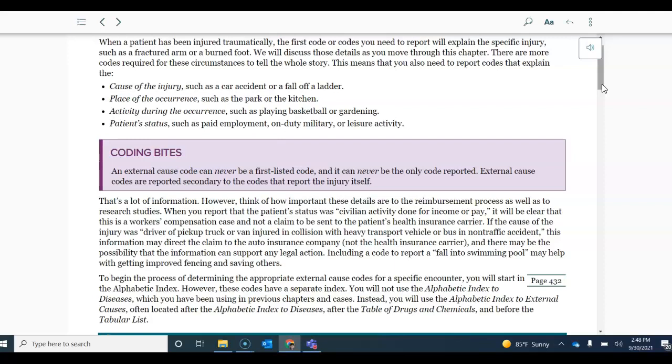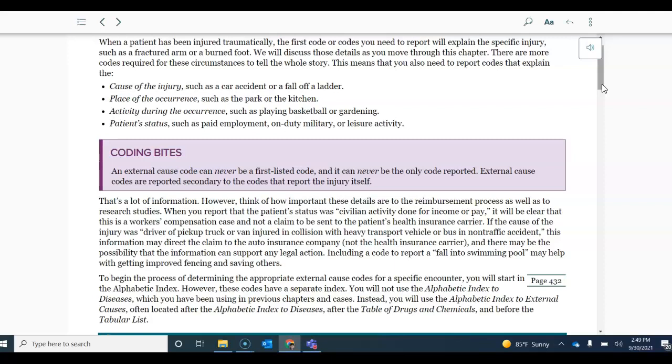I think there's pages and pages of possible examples. If the patient fell off a ladder, you're looking for fall. If they were struck by a baseball, you're going to look up struck. So it's a little bit different than when you're looking up your I-10 codes in your regular alphabetical index.